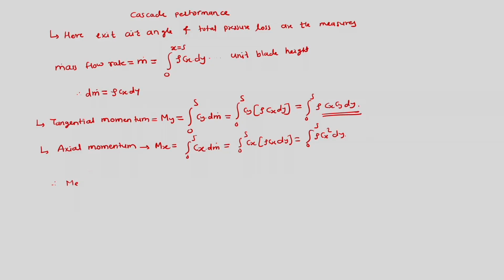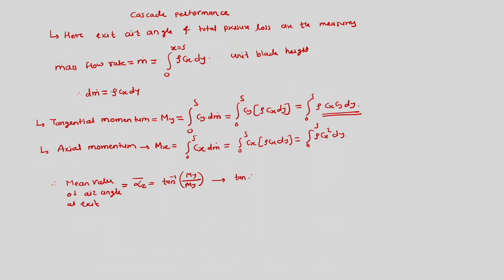So we know that the mean value of air angle, alpha 2 at exit, is equal to tan inverse of my divided by mx.